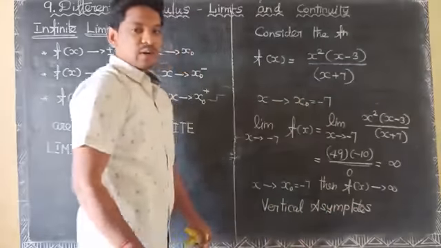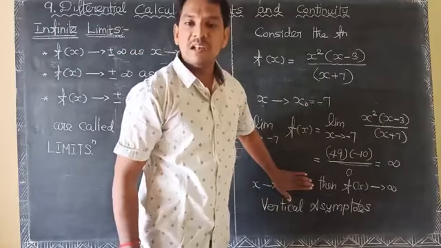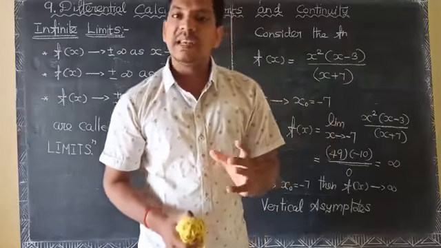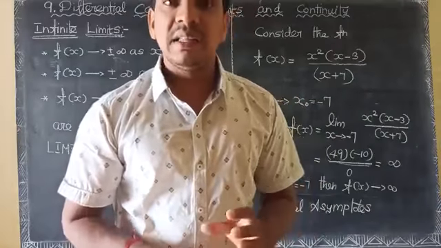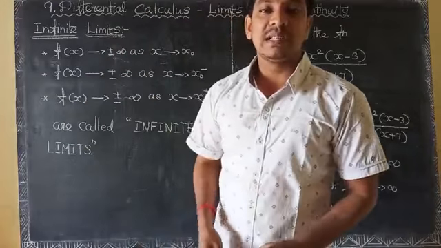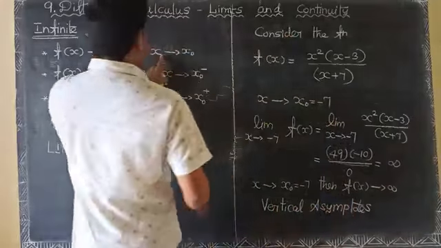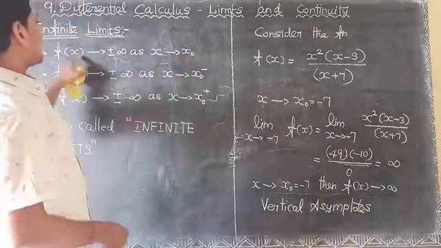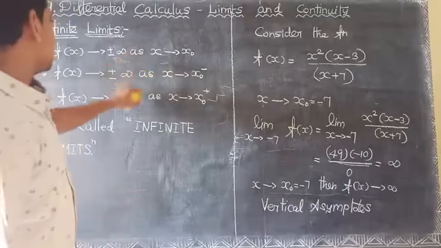Okay, we conclude one result. If x approaches some value and f of x approaches plus or minus infinity, that is the vertical asymptote, and that is called an infinite limit. In a different form, x approaches x naught, at a particular point, f of x approaches plus or minus infinity, both sides.